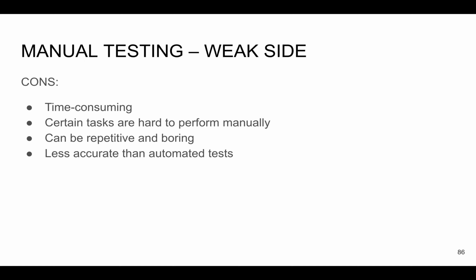Not all tasks can be covered by a human and performed manually. Additionally, when we have such a big project, it's difficult to do the same thing always and always when you make some changes. That's why it becomes boring when you try to repeat the same task again and again. Additionally, you can miss some parts when you do the same thing all the time. In this case, it will be less accurate than automated tests.